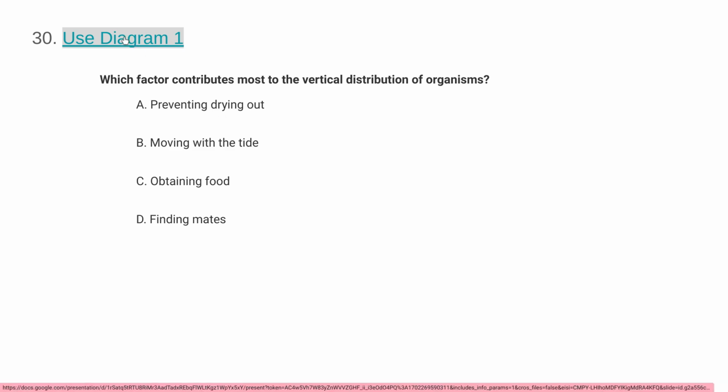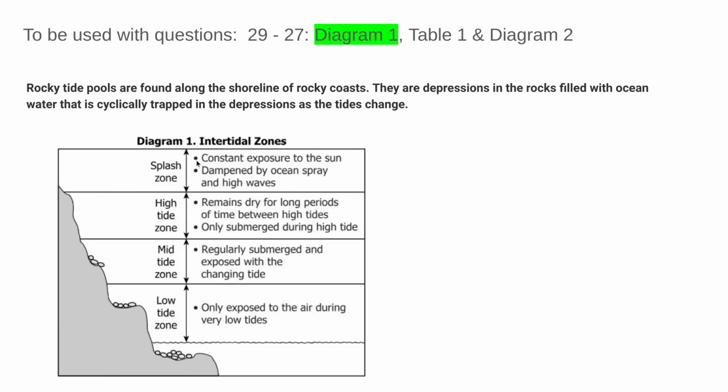So we're talking about vertical distribution. So let's see what's even listed here for vertical distribution. Only exposed to the air during low tides, regularly submerged and exposed with the changing tide, remains dry, only submerged in high tide, or constant exposure to the sun dampened by ocean spray.